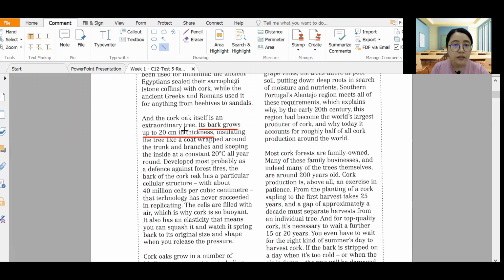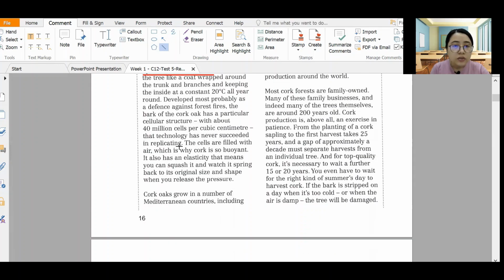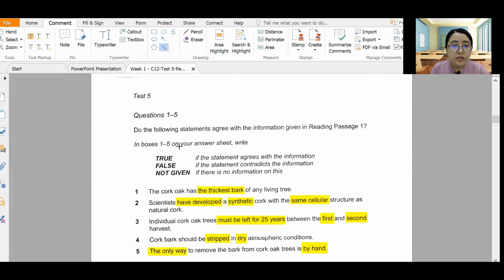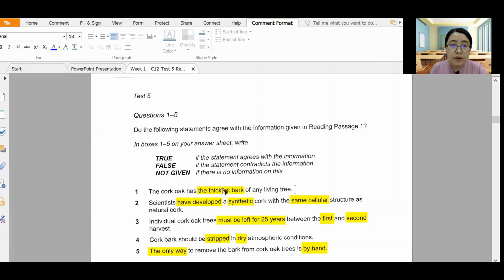The bark is only talked about over here, so there's no comparison at all. So the answer should be not given, because they talk about the bark and the thickness, but never talk about comparison with any other trees. So I put here not given.